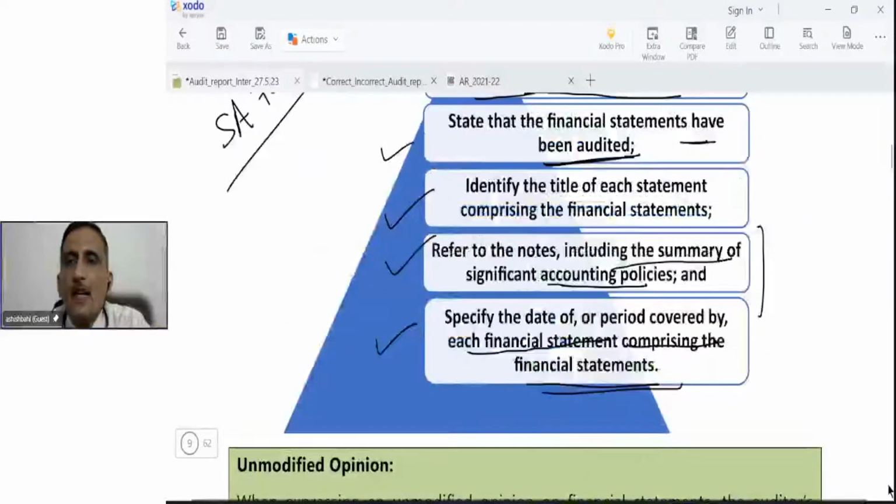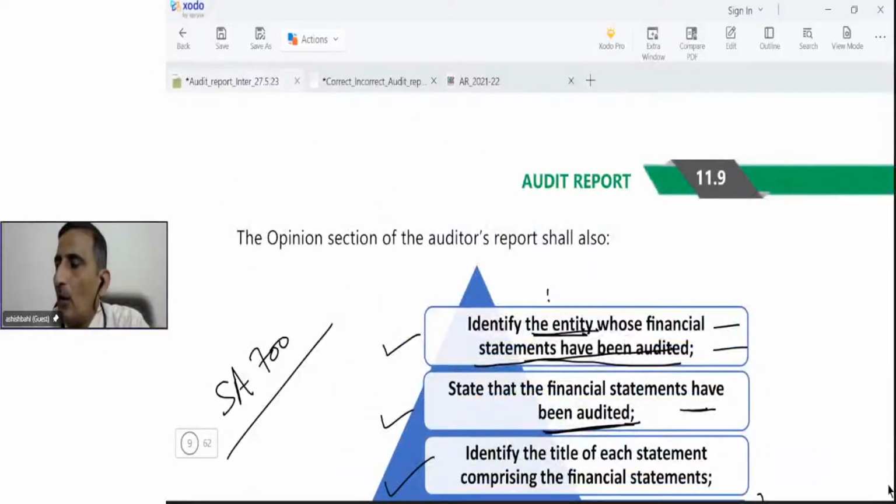So you want me to explain to you modified and unmodified opinion again? Yes, Bhumika. You want me to explain modified and unmodified opinion again, or is something else? Or you want me to explain the opinion section? What do you want, Bhumika? You want me to re-explain modified and unmodified opinion again, or explain the opinion section of the auditor's report, the page which is visible right now on your screen?